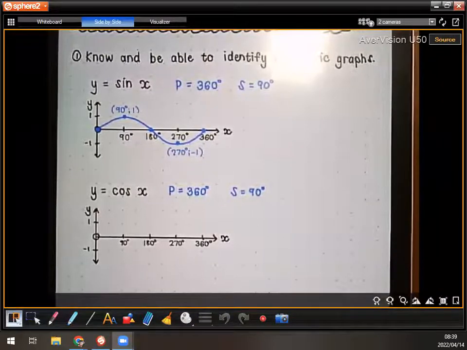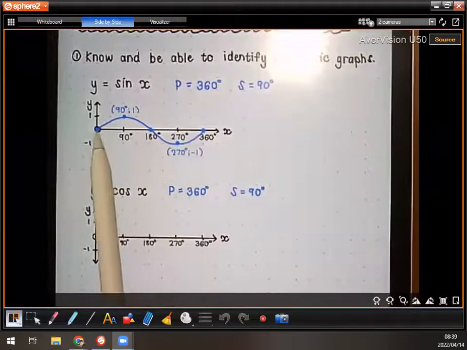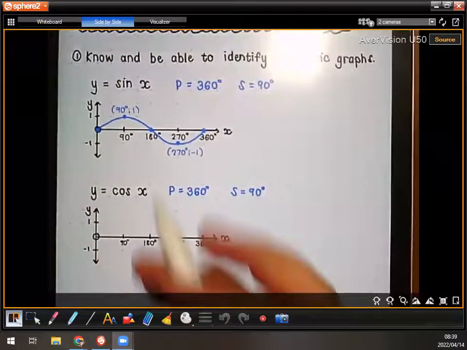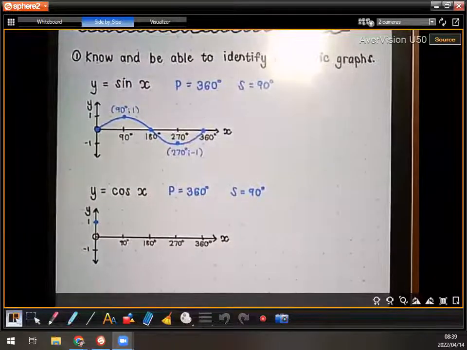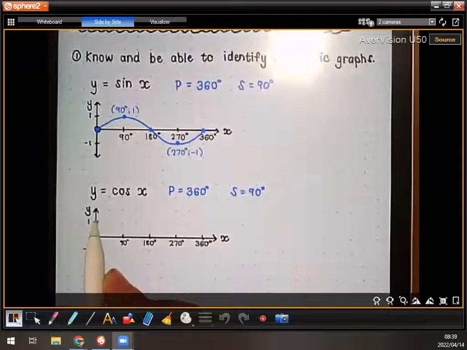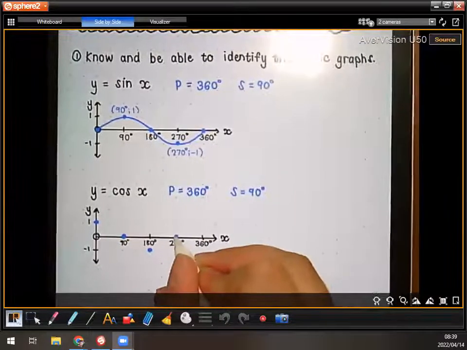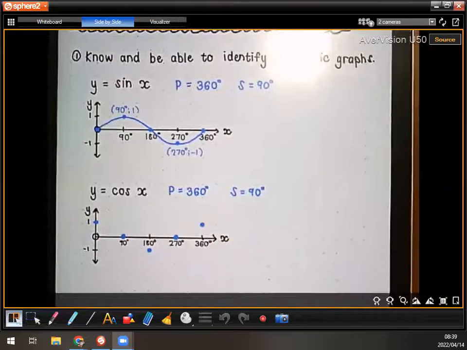So guys, the cos graph doesn't start at the origin, it doesn't start at the middle value. If you look at the sine graph, it starts at the middle value. The cos graph starts at the biggest value, the maximum value. So the cos graph is going to start at 0, 1. And because that's the biggest value, from there it's going to go down to 0, then to -1, then back to 0, and then back to 1.